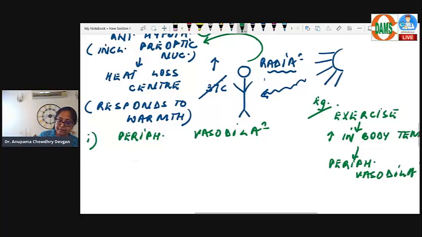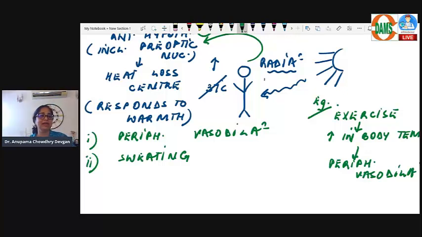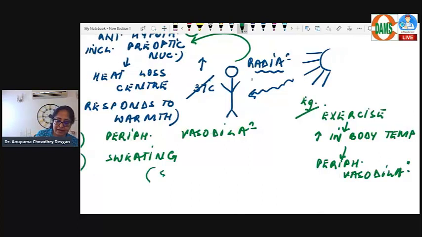The second thing, whenever there is an increase in body temperature, is sweating. Sweating will be stimulated. We've already discussed that sweat glands are supplied by sympathetic cholinergic fibers.